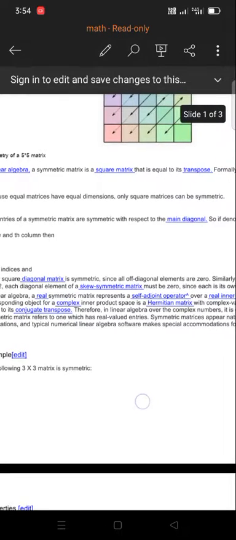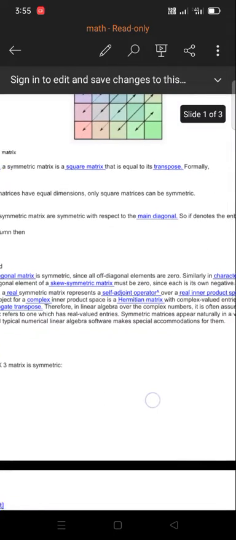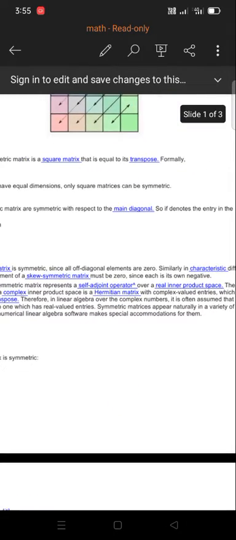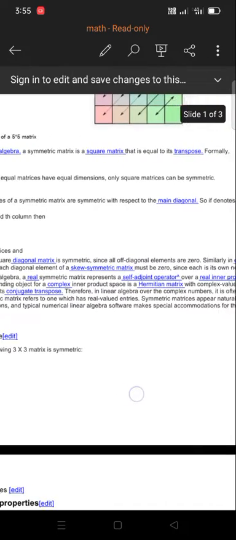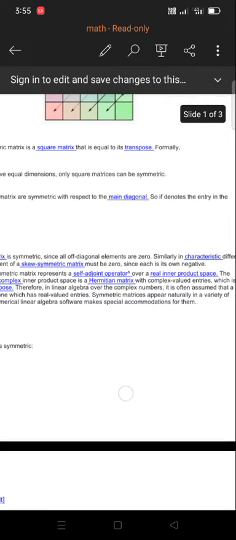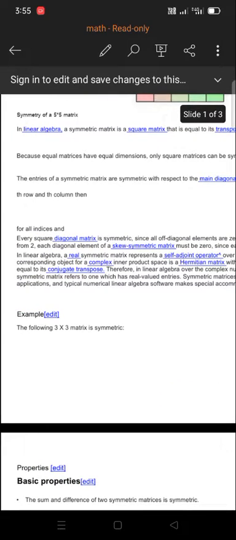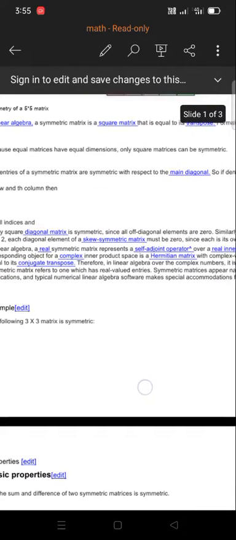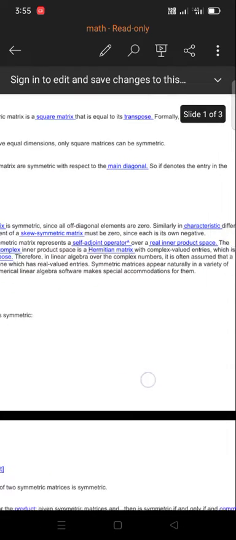Therefore, in linear algebra over the complex numbers, it is often assumed that a symmetric matrix refers to one which has real-valued entries. Symmetric matrices appear naturally in a variety of applications, and typical numerical linear algebra software makes special accommodations for them.